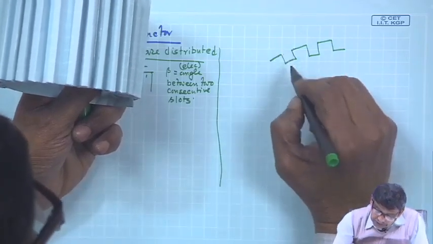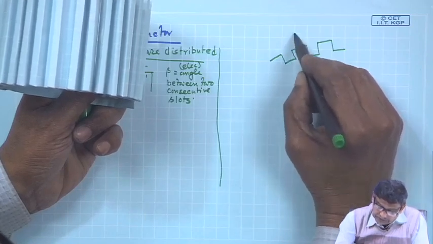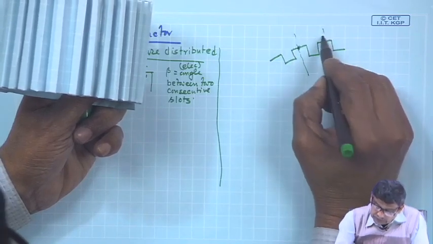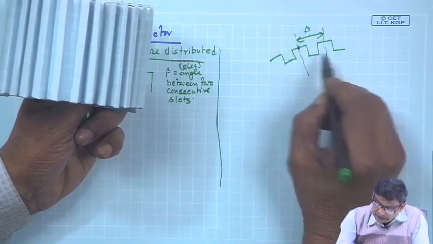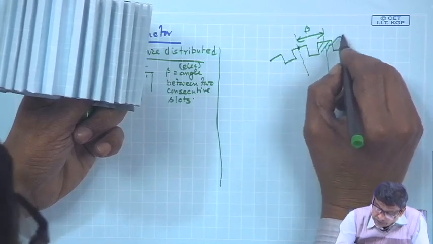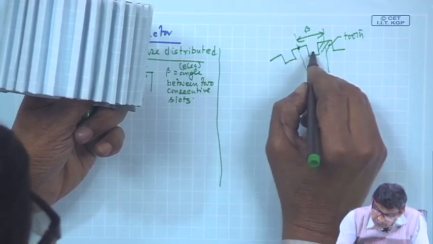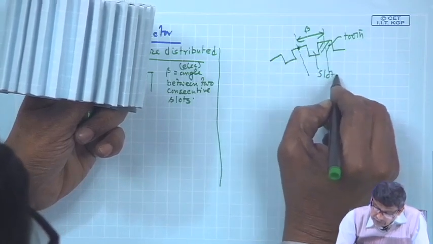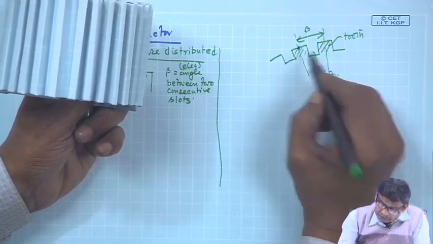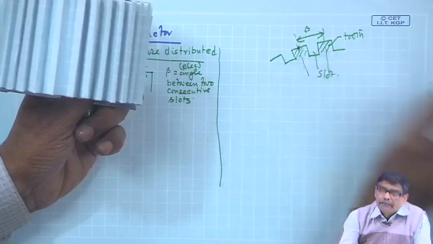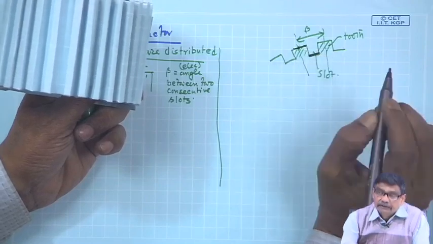The angle between 2 consecutive slots, see the center of this tooth and the center of this tooth, this is also beta. This part is called the tooth, and this part where conductors will be placed is called the slot. So, this is called tooth pitch and slot pitch, they are all the same length.